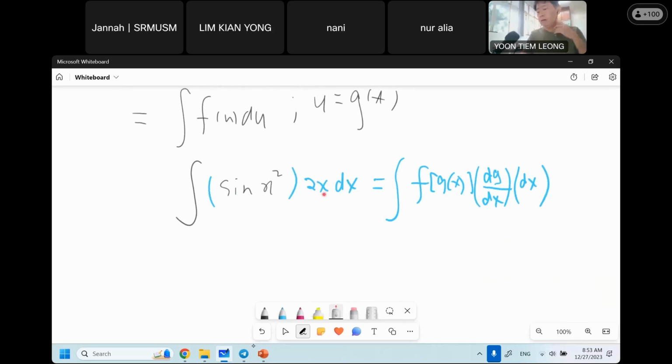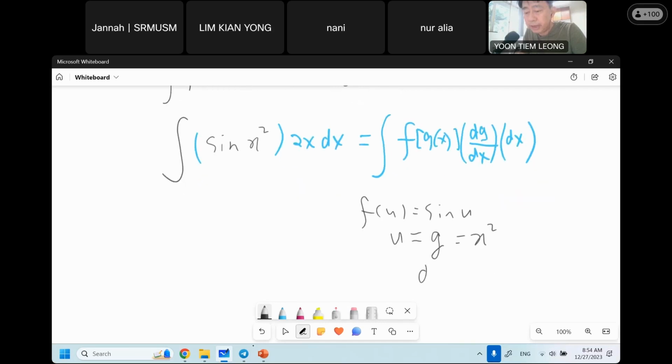So I'm claiming that this is an integration that is in the form of f of g of x times dg dx times dx. So here, this 2x is the dg dx. So what I am assuming here is that the function f of u is sine of u, and u is the g function, which is x squared.